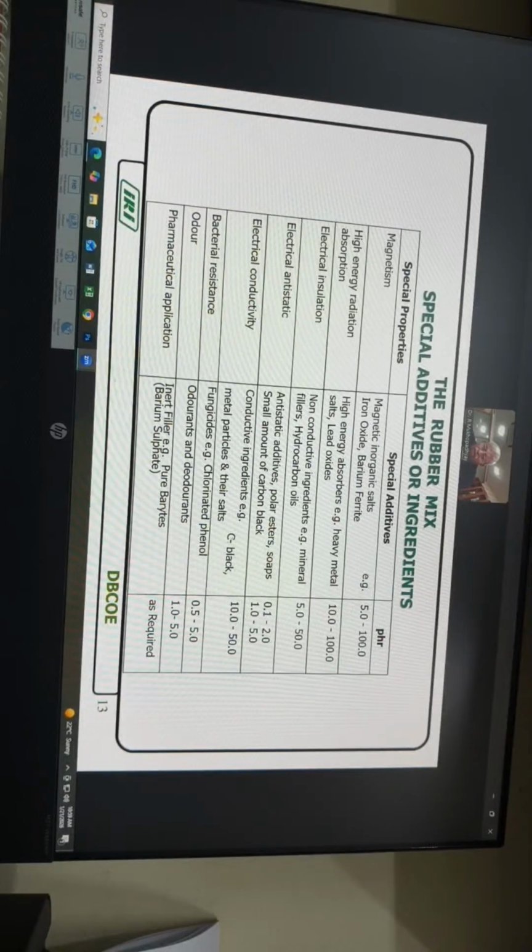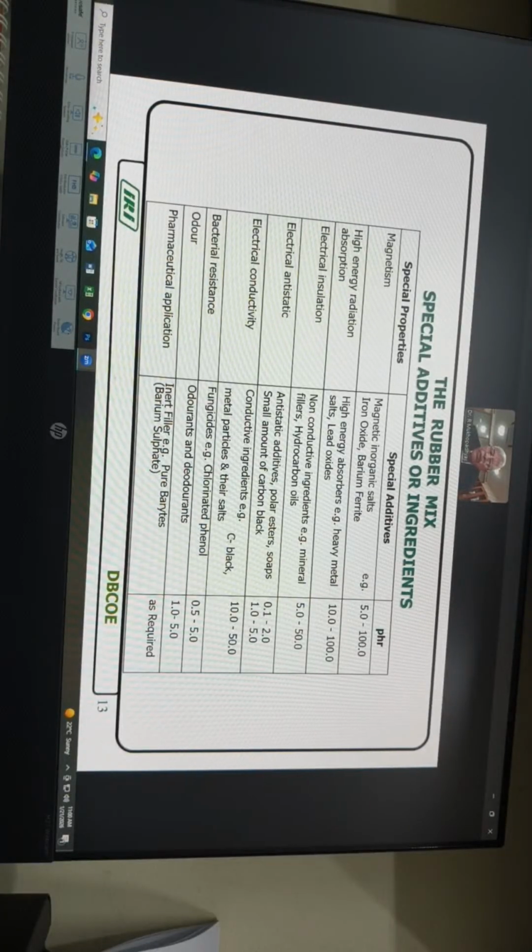Then high energy radiation: you need high energy absorbers like heavy metal salts, lead oxide, especially for atomic power plants. For electrical insulation, rubber being an insulator, sometimes you require non-conductive ingredients, mineral fillers, hydrocarbon oil. Then come electrical antistatic properties, electrical conductivity, then bacterial resistance, odor.